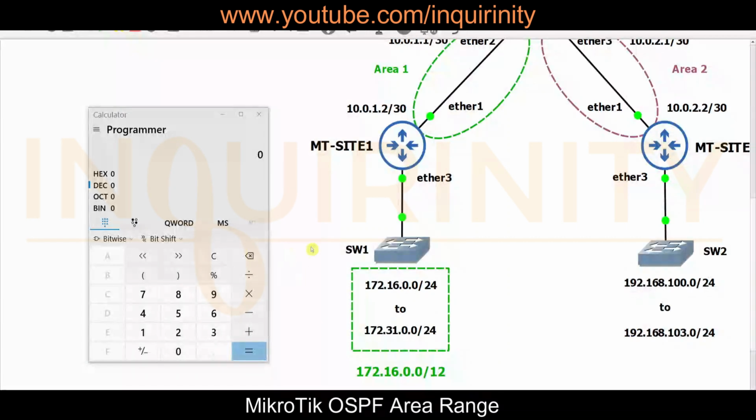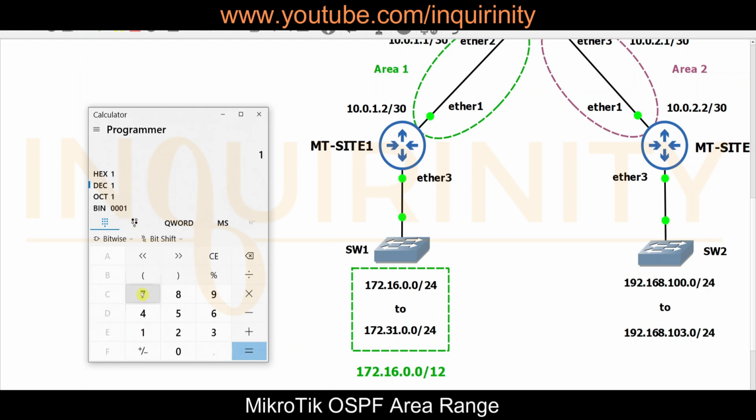For simplicity's sake, we will make use of the calculator that's available in our operating system. Turn on the programmer functionality, wherein we could see the decimal to binary conversions of a particular number. Say for instance 16, which is converted to 0001 followed by 4 zeros.